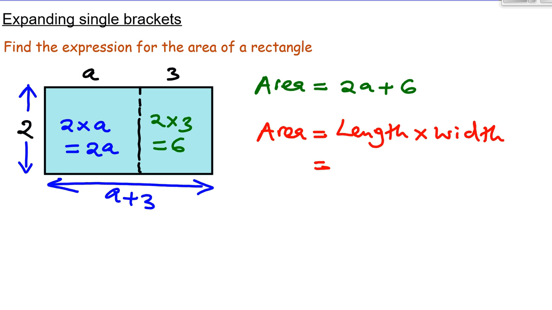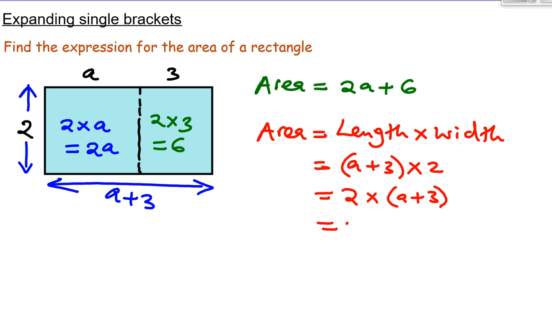So the area will be A plus 3 multiplied by 2. We can write that as 2 multiplied by A plus 3, or we can write that as 2 into bracket A plus 3, whereby we're just multiplying them.